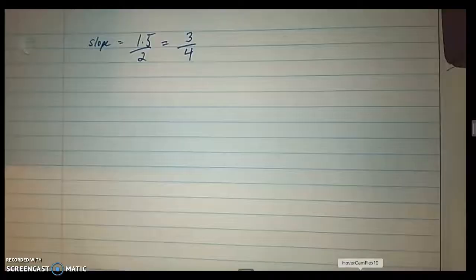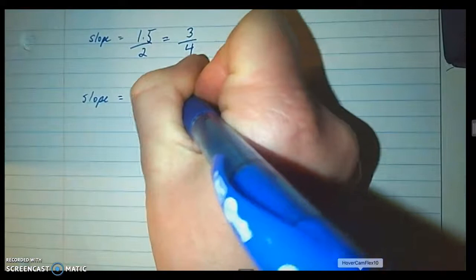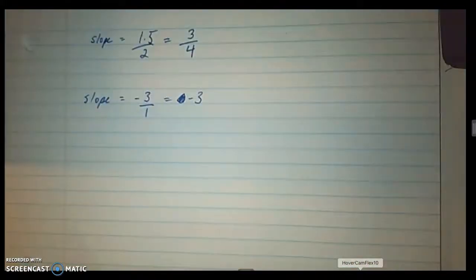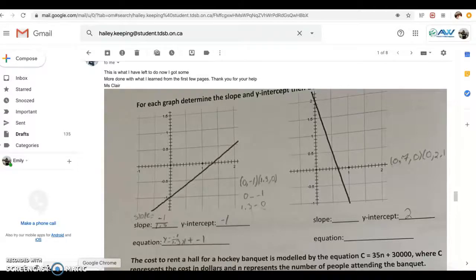So your slope is -3 over 1, which you can write as just -3. You don't need the over 1 there. And then I'm sure from there you can see what the equation would be now that you know the slope is -3.